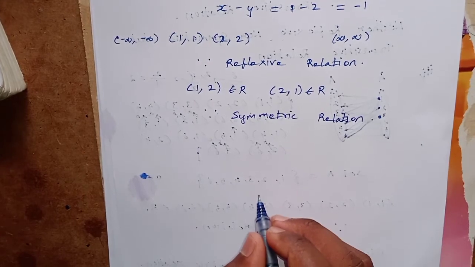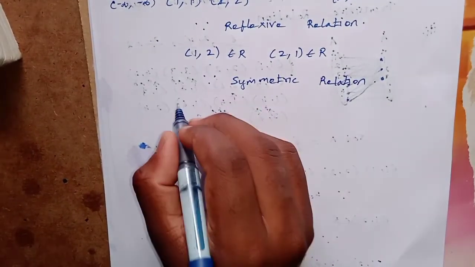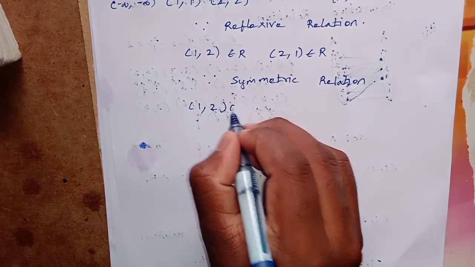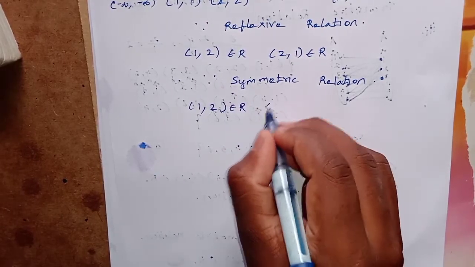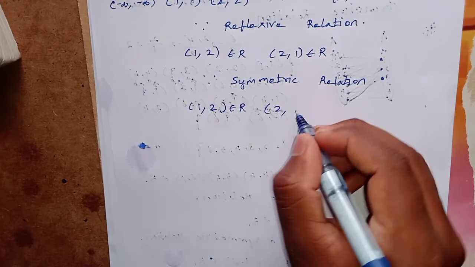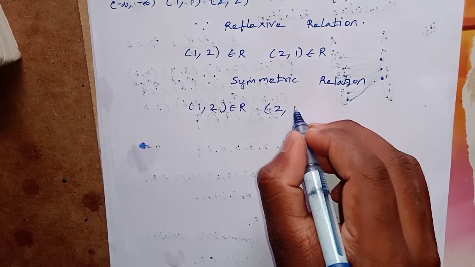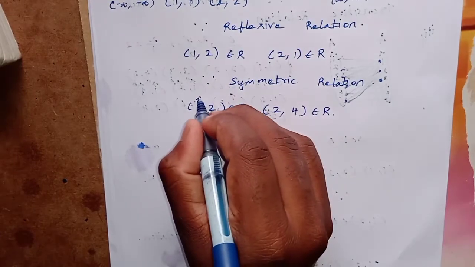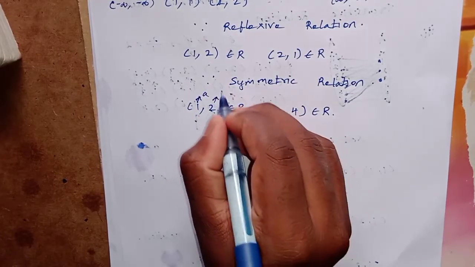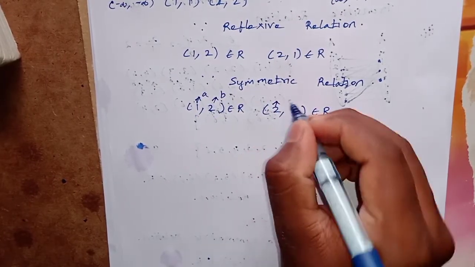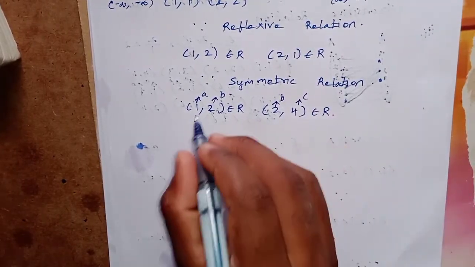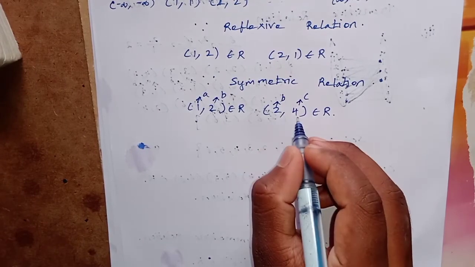Okay. Last, transitive. 1 comma 2 belongs to R. 2 comma 4 belongs to R. Here it is A, B, and here B, C. Therefore A, B and B, C are there.